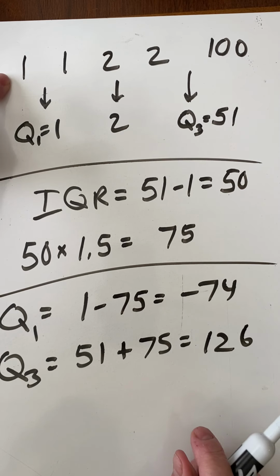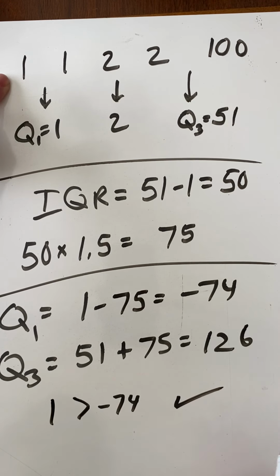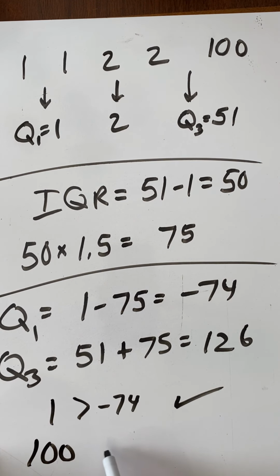So my lowest number I have is a 1. The 1 is greater than the negative 74, so that checks out okay. But then I look at my greater number. I have 100, and it doesn't work out. I was hoping that'd be greater, but 100 is still less than that 126, so that's still within range. So none of these are outliers at this point.